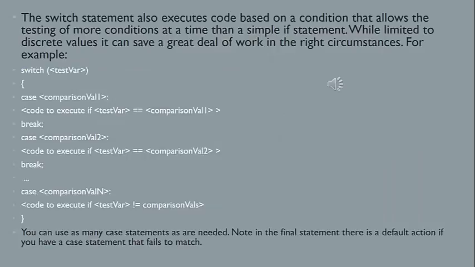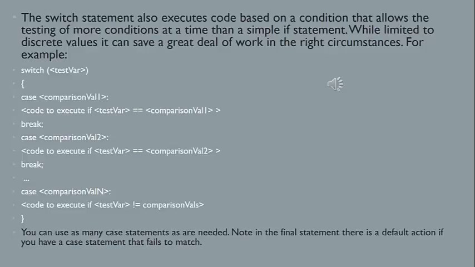A switch statement also executes code based on a condition, and allows the testing of more conditions at a time than a simple if statement. While limited to discrete values, it can save a great deal of work in the right circumstances.